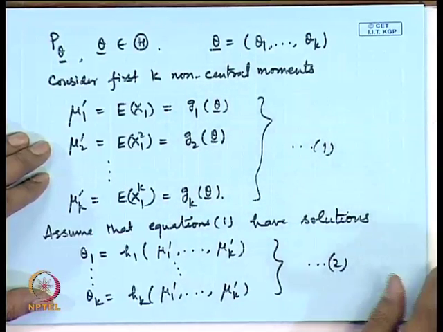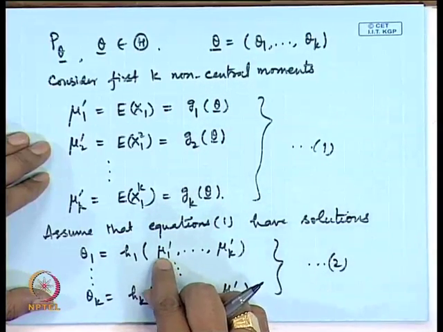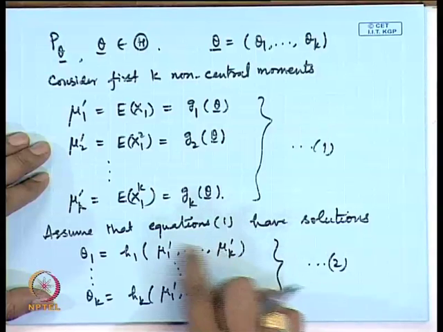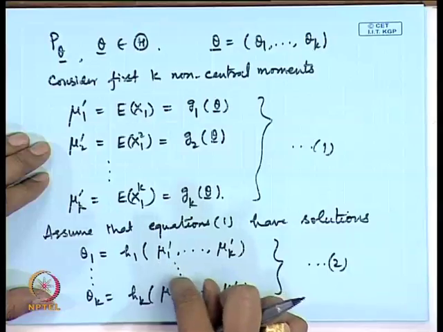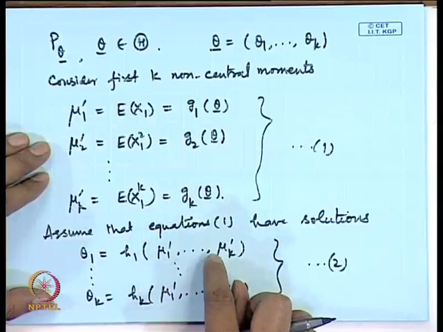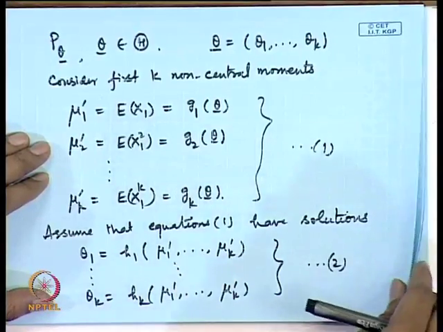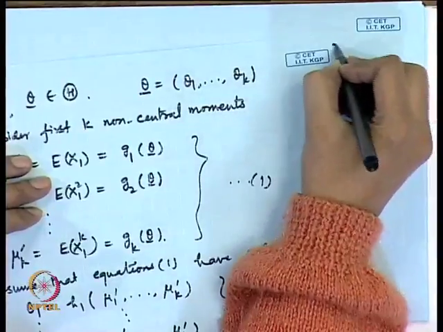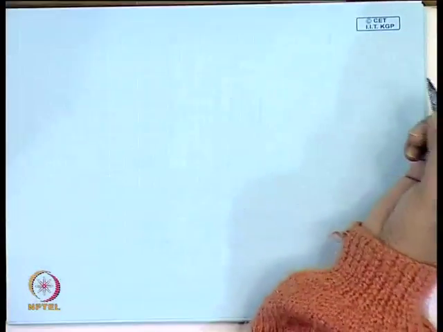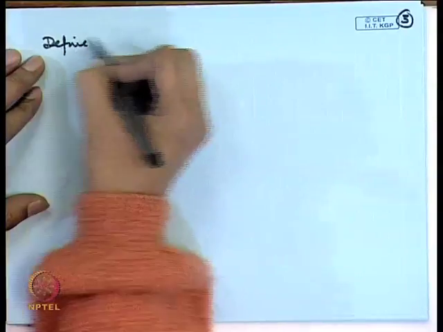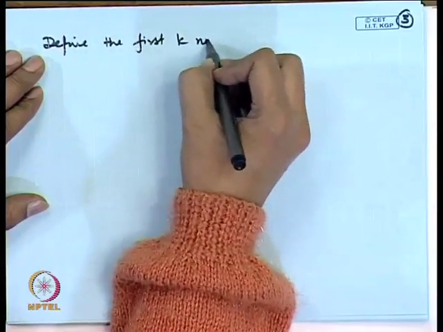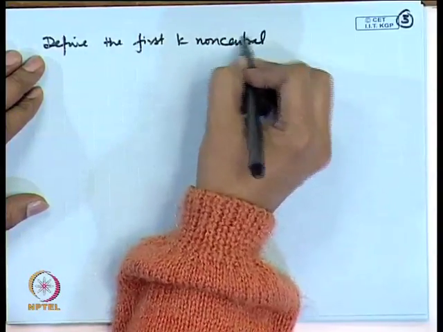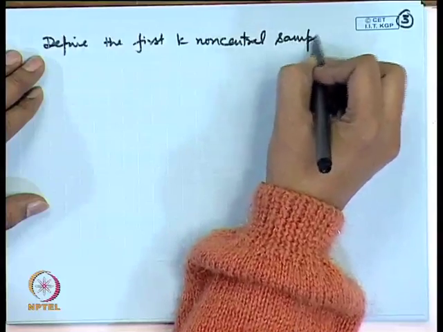In method of moments, what we do, in place of this mu 1 prime, mu 2 prime, ..., mu k prime, which are the first k non-central moments of the population, we substitute these by the corresponding sample moments. So, let us define the first k non-central sample moments.